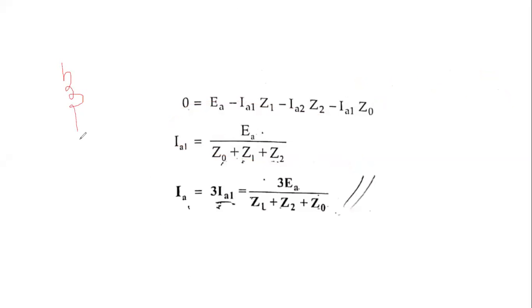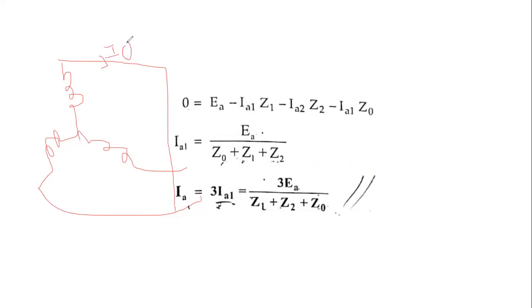Three phases means this is phase A, and this is phase B, and this is phase C. This is the fault that is obtained between these three phases.